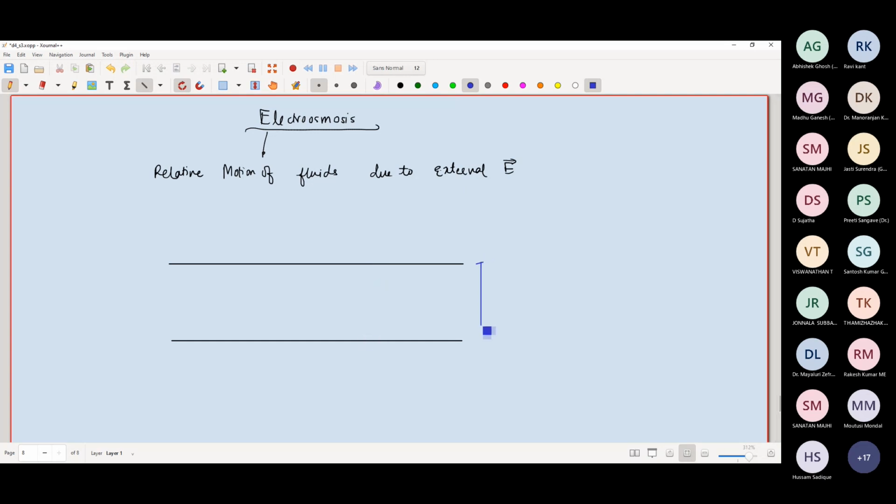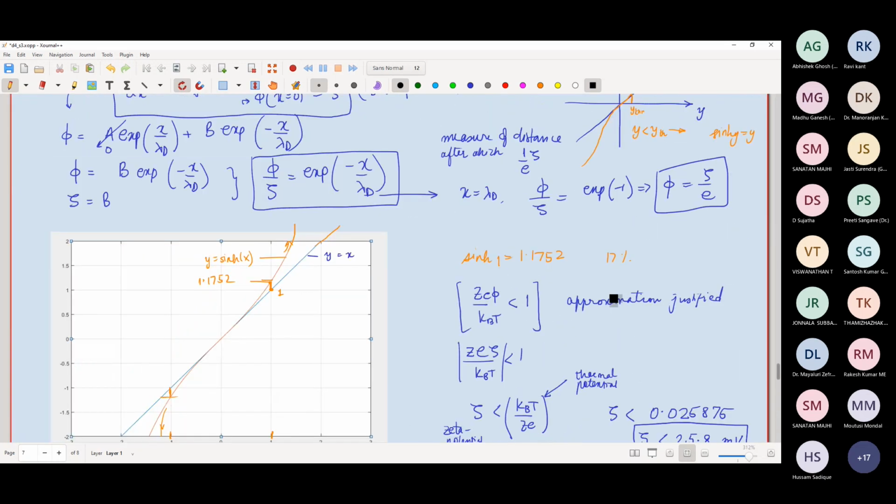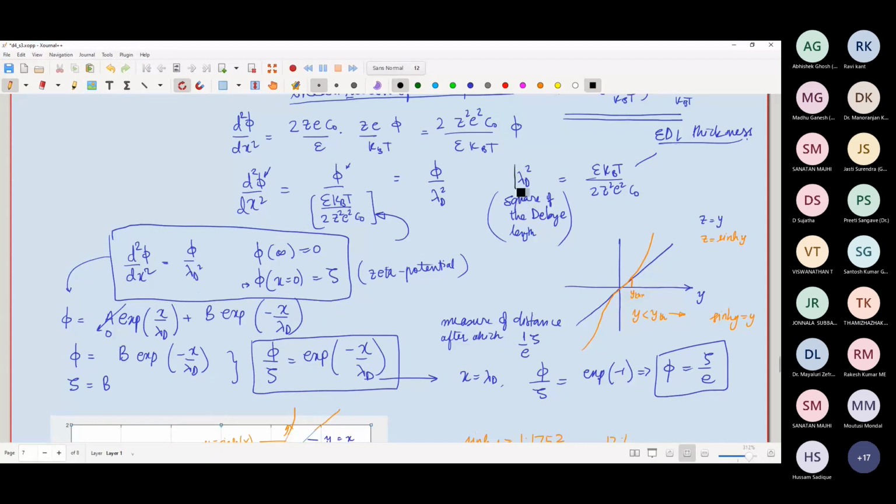Suppose that the thickness of the microchannel is 50 micrometer. Now the question is whether electric fields can cause the motion of the fluid. Electric field is applied along the length of the channel. Before that, we must look at what the typical thickness of the electrical double layer is.